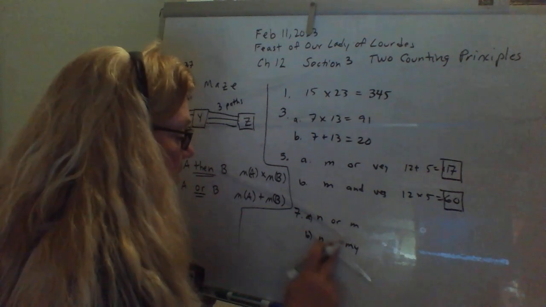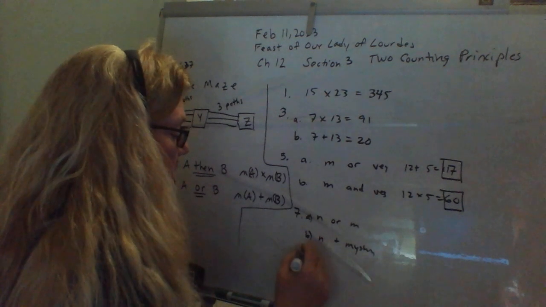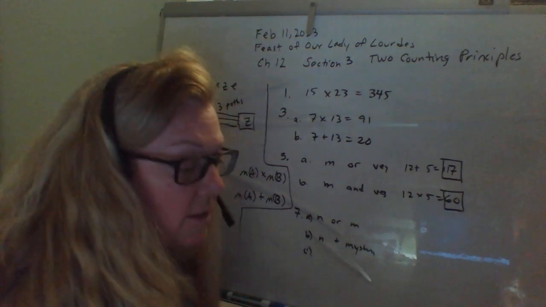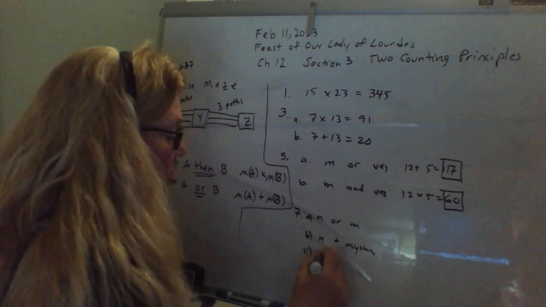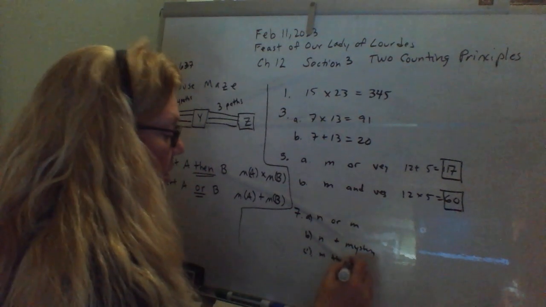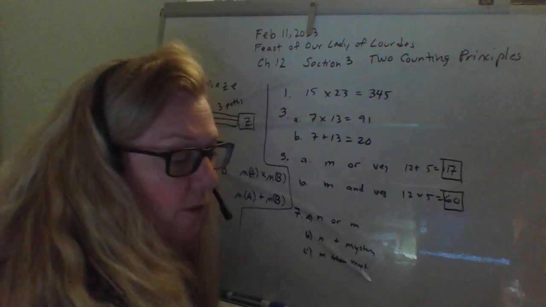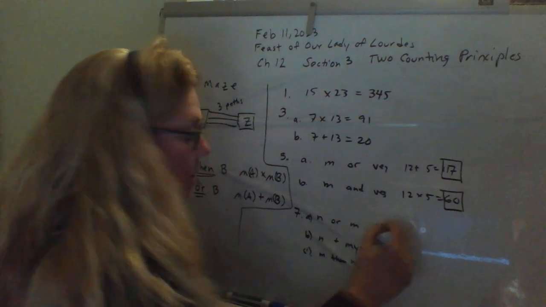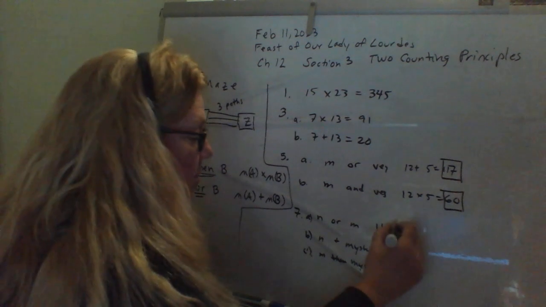That's like "and." Or C, now this is different, a mystery and then another mystery. So it's mystery, then another mystery. Okay, and remember that we have 11 novels and we have 5 mysteries.